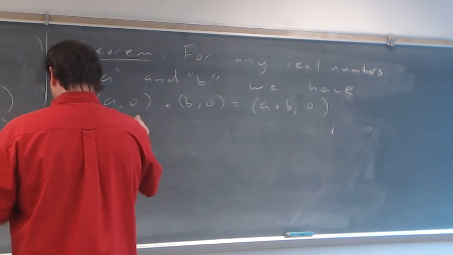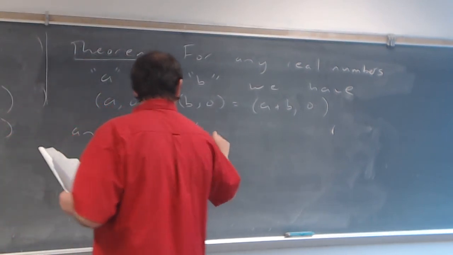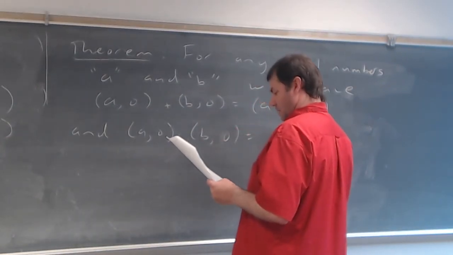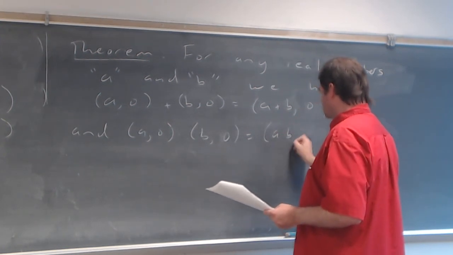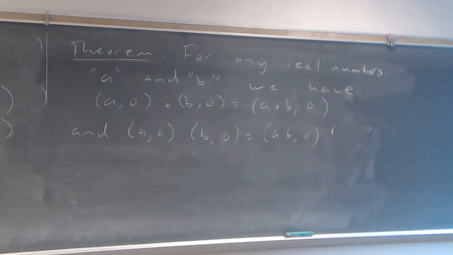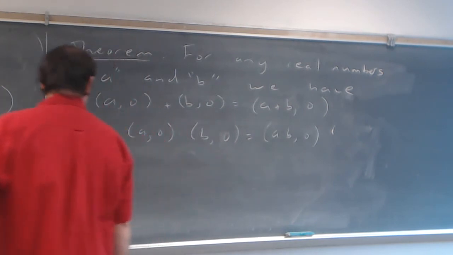And (A, 0) times (B, 0) is equal to (AB, 0). Okay, so this is just using our definitions of the two operations.